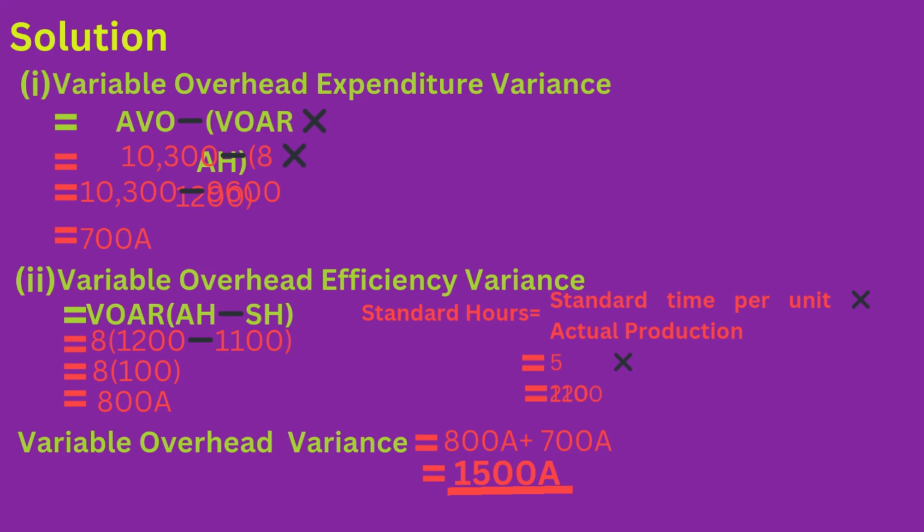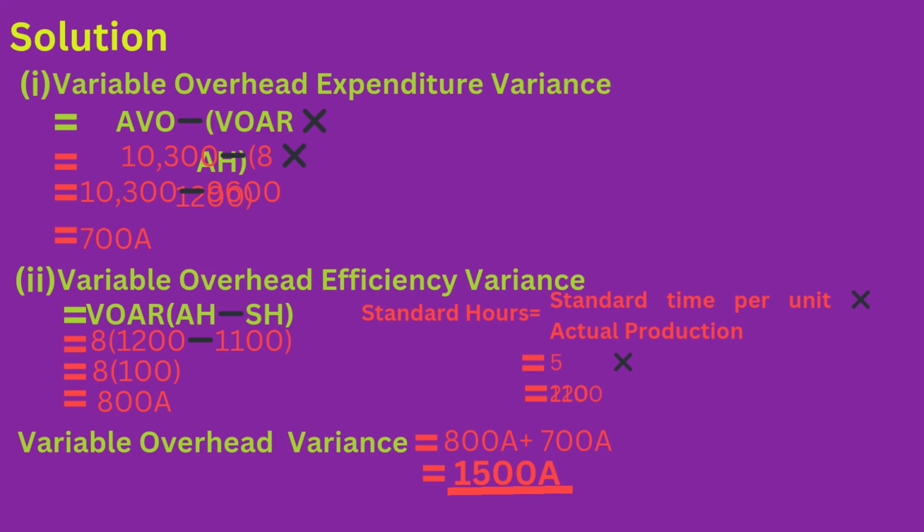To get our standard hours, we multiply the standard time per unit by the actual production, which will give us 1100. So it will be 8 into 1200 minus 1100, which will give us 100, which is 8 multiplied by 100. We get 800. And because our actual hours are greater than the standard hours, we say it's adverse.